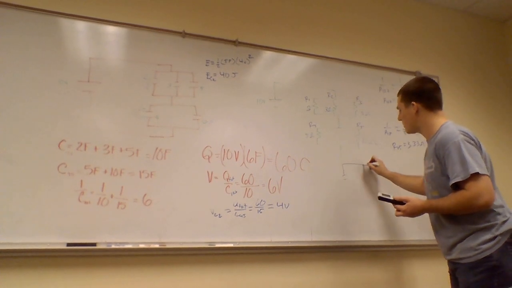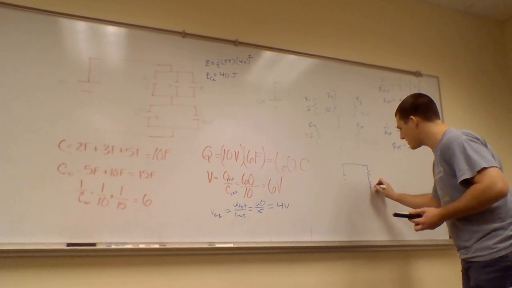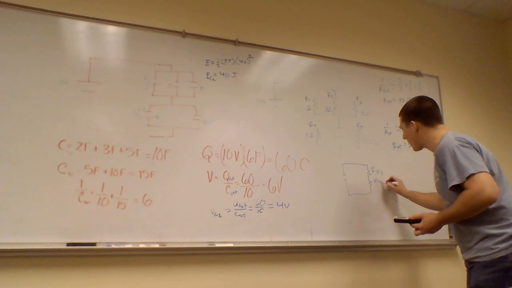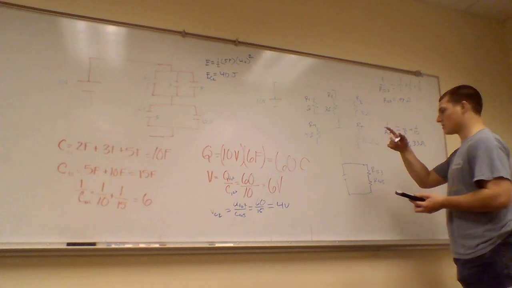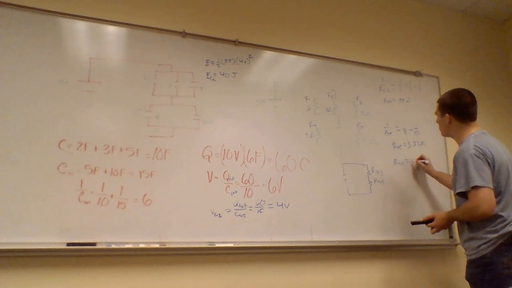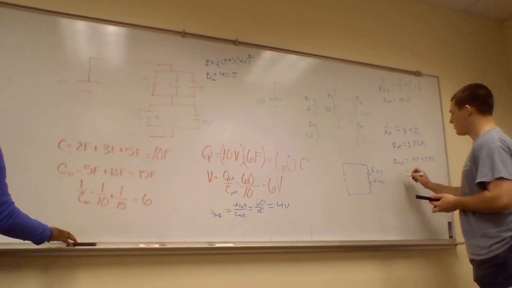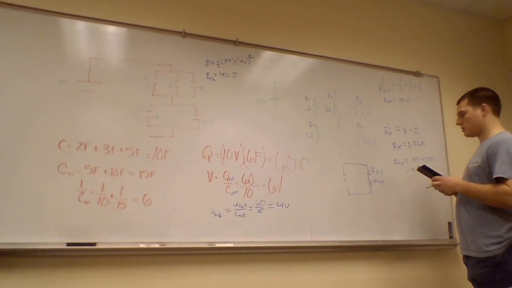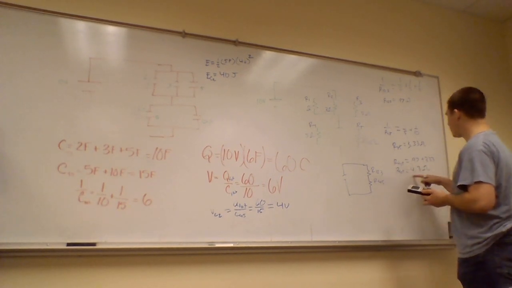The whole system will look like this, with this being R1,2,3 and this being R4,5. The same thing works with capacitors. Now these are in series, so our total equals 0.97 plus 3.33, which is 4.3 ohms.